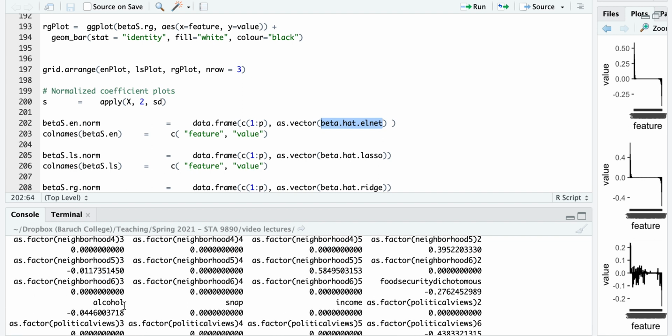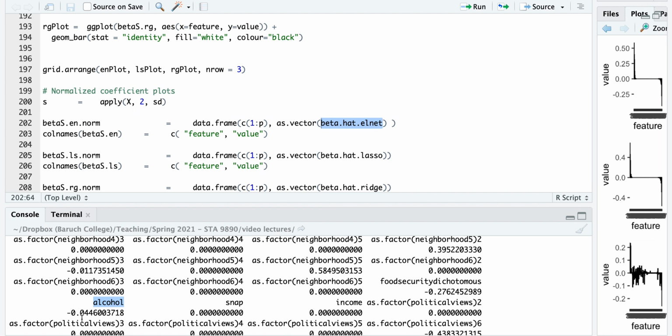So 1 unit change of alcohol consumption on average will lead to a drop of negative 0.04 units of sugar in blood, right?